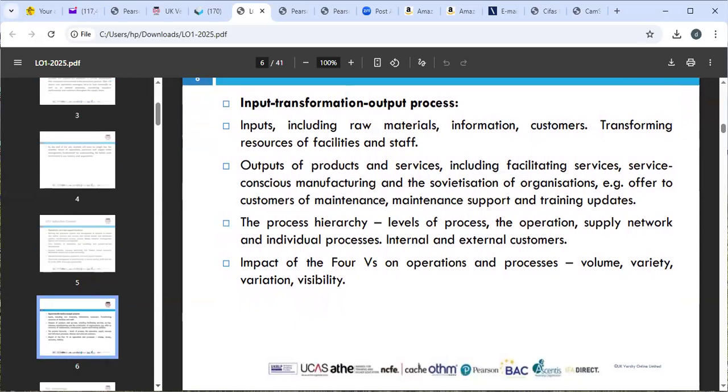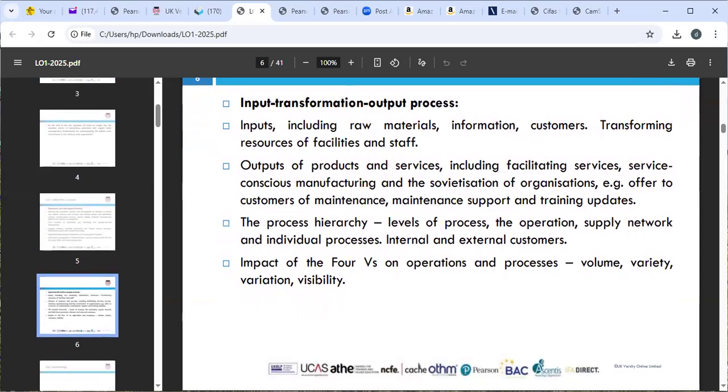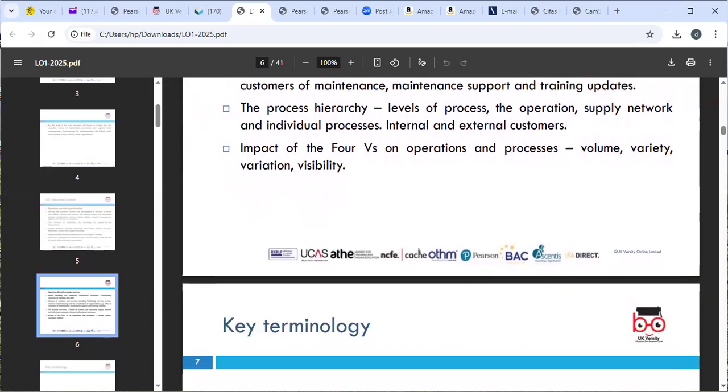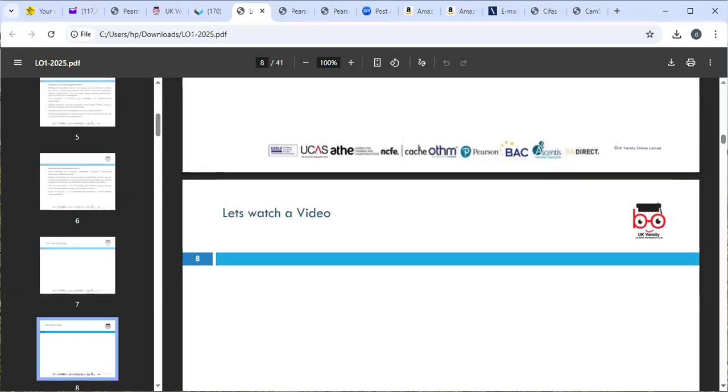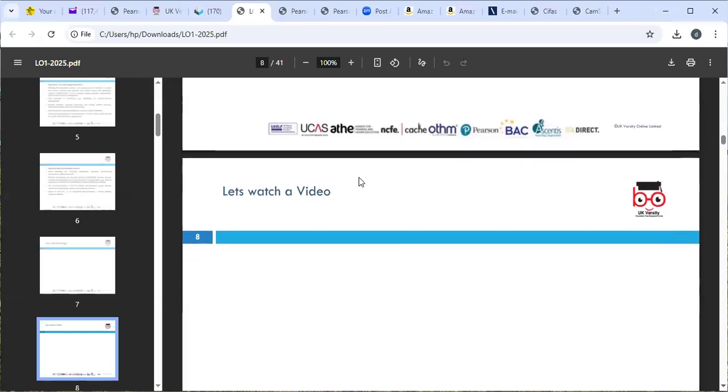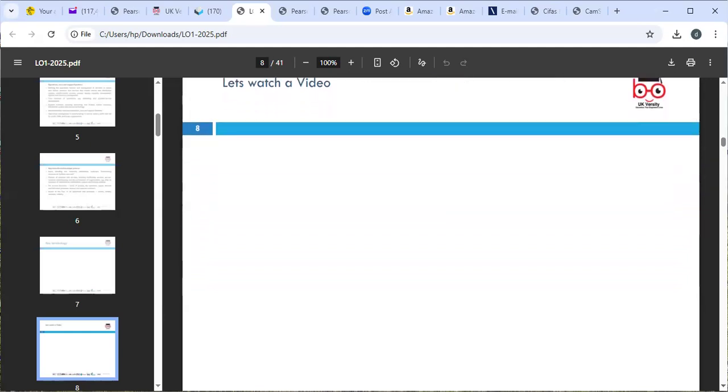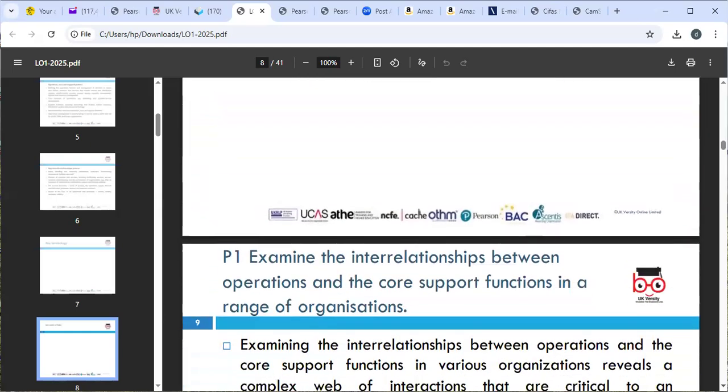These are things we need to look into. Then the key terminology. We have to examine the interrelationship.